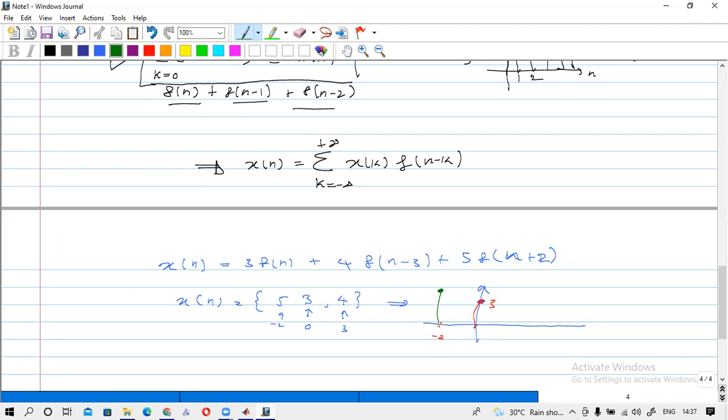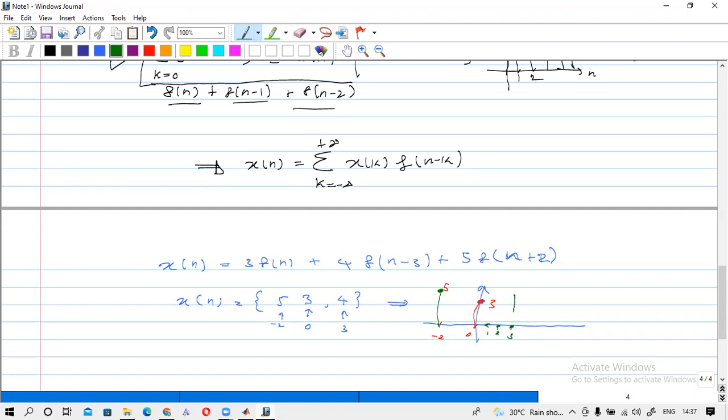The samples at 0, 1, 2 are 0, and at 3 it is 4, no?